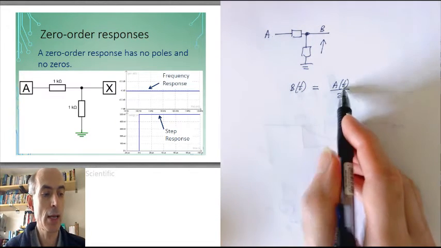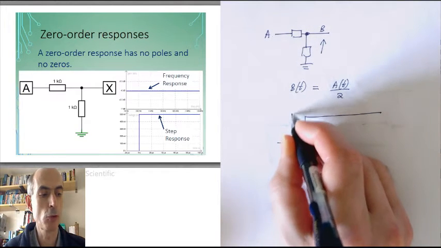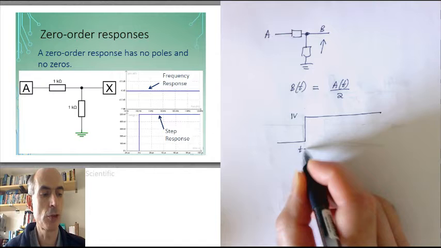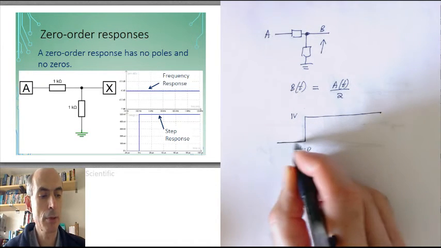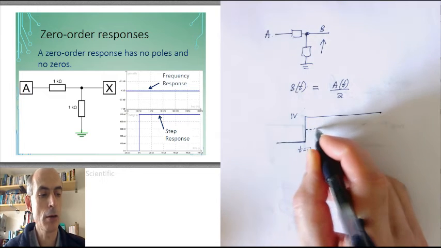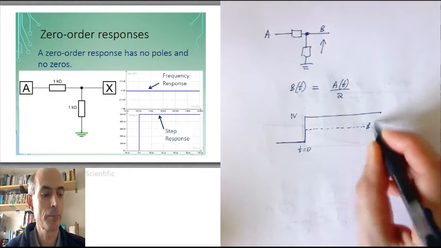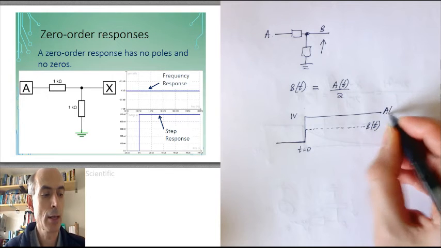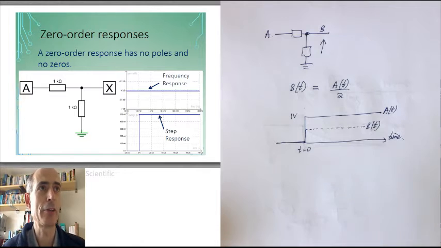And if the voltage at A is a step going up to 1 volt at time t equals 0, then the voltage at B must be a step that goes up to half a volt at time t equals 0. And that is the step response of this circuit.